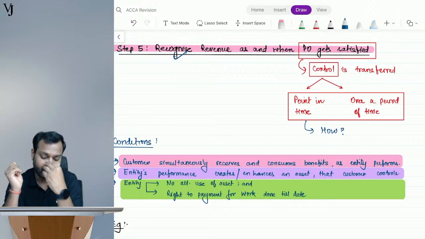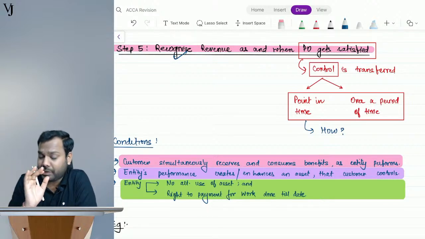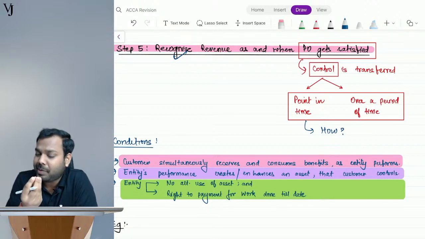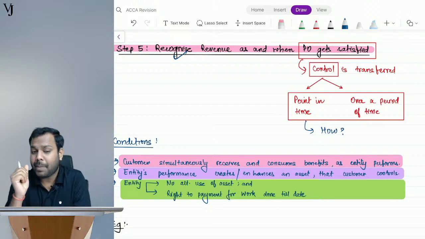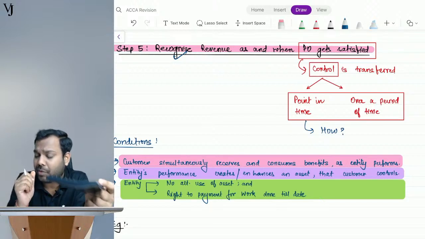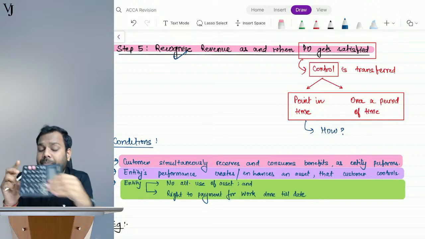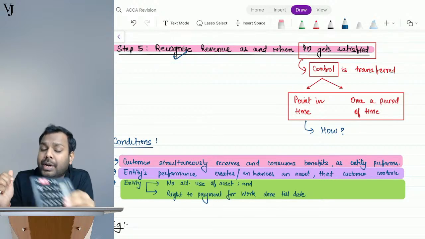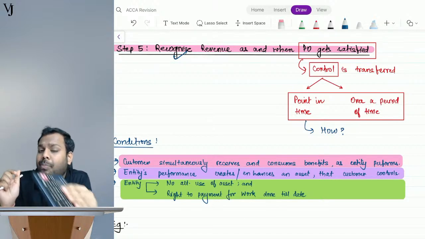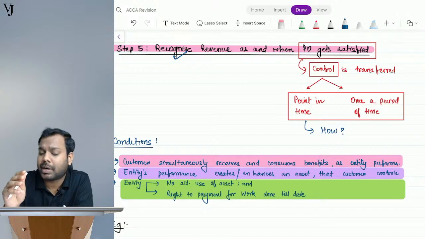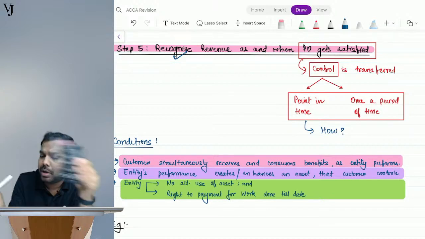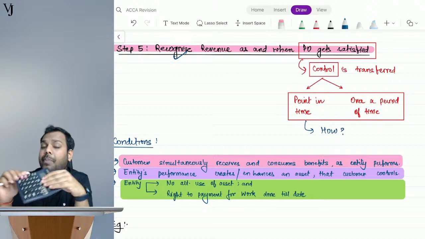Okay. Now, see guys, understand, control can be transferred at a specific point in time. When I purchase this calculator from a shopkeeper, the control gets transferred at that point in time. He sold the calculator to me, he received the money, closed at that point in time.